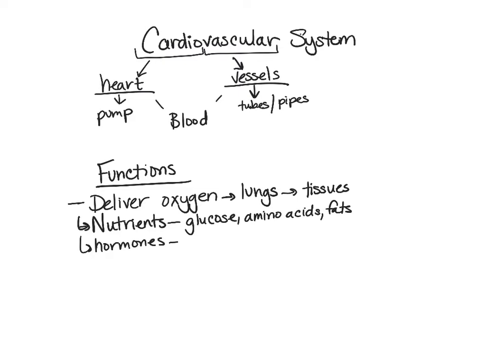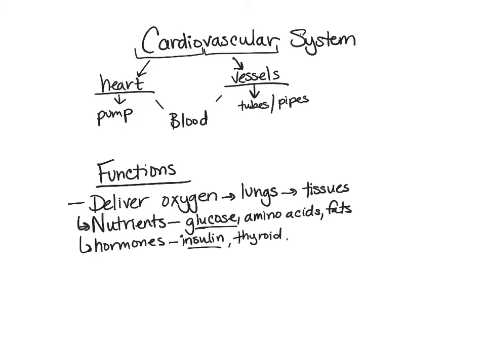So transferring oxygen around the body, bringing nutrients around the body, and then also bringing hormones around the body. For example, something like insulin. When we do eat some of this glucose and we want to get those nutrients to the rest of the body, it's going through the bloodstream, and one of the hormones that we use in the bloodstream in getting the glucose into the cells is insulin. That's one example. We also have thyroid hormones that we're going to be bringing throughout the system.